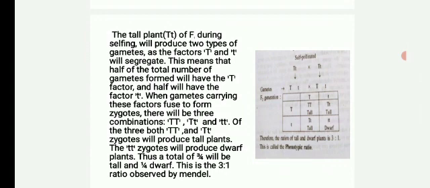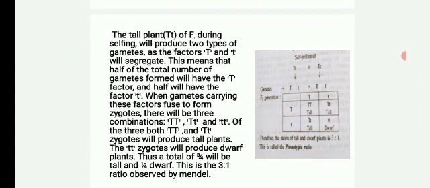When gametes carrying these factors fuse to form zygotes, there will be three combinations of genes: capital T capital T, capital T small t, or small t small t.